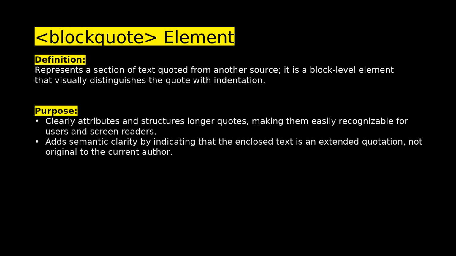To structure longer quotes, it adds semantic clarity by signaling that the enclosed text is an extended quotation, not original to the current author. The blockquote element not only separates quotes from the main text, but also provides a means of attribution through the cite attribute. This can improve credibility by linking to the original source.